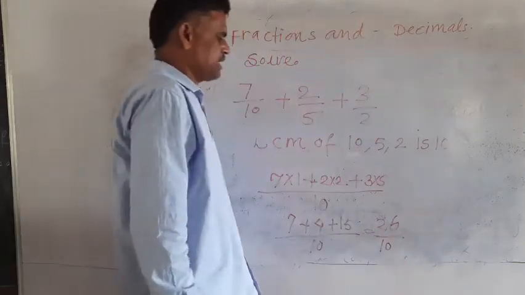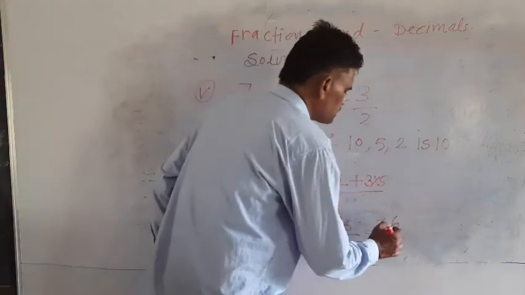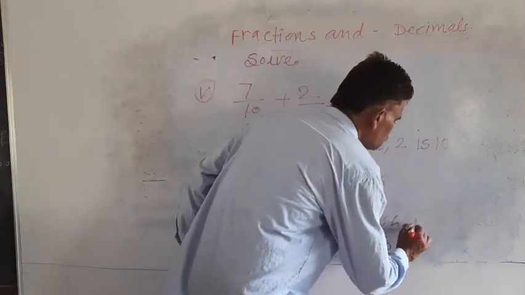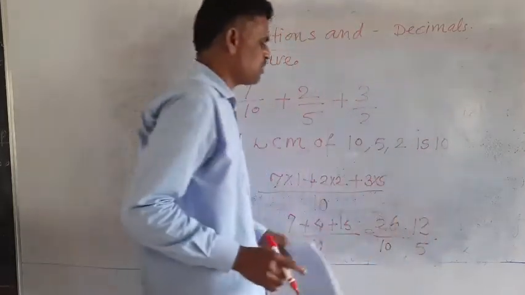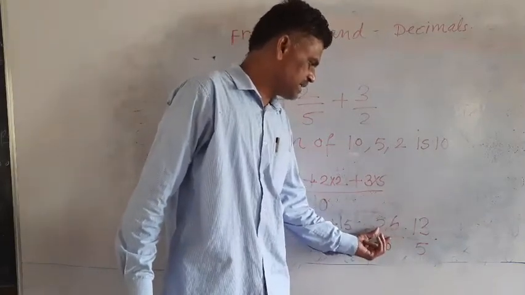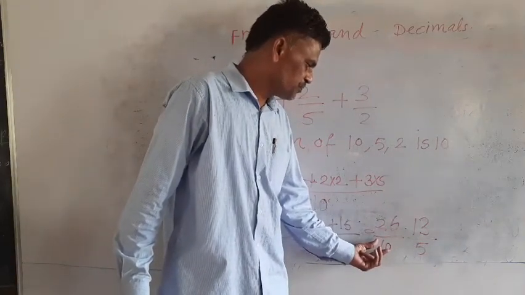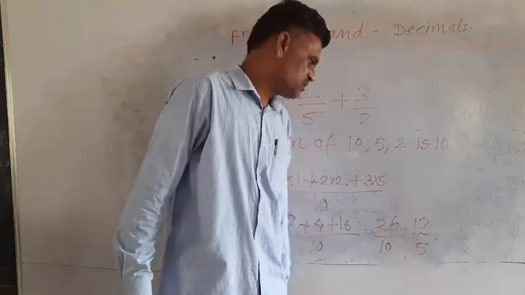This can be written as 13 by 5. Why? When we cancel this fraction by 2, then we get 13 by 5.